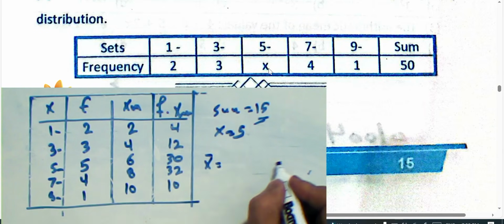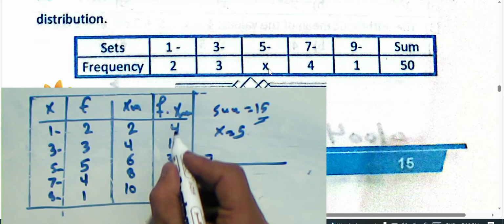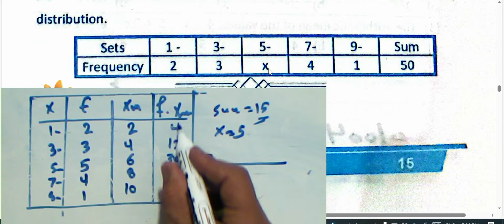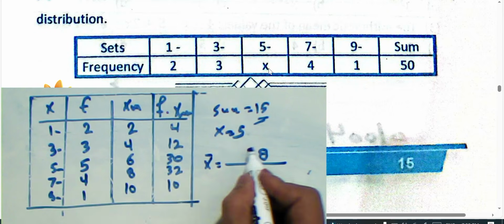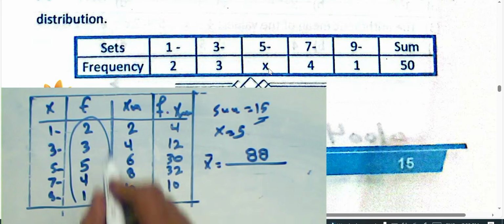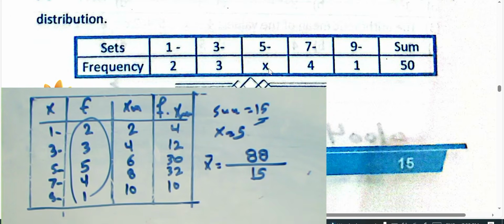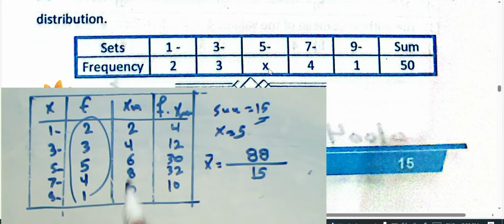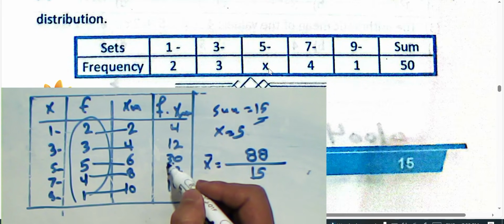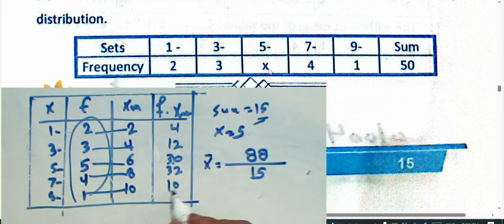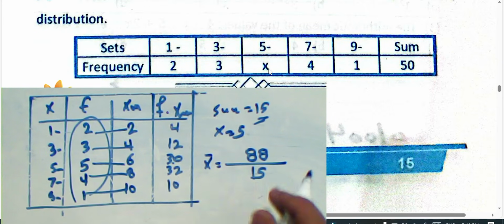Then we can find x bar, the sum of all the numbers here. 4 plus 12 is 16, 16 plus 30 is 46, plus 10 is 56, 56 plus 32 equals 88. And the sum of frequency was 15. 88 divided by 15.